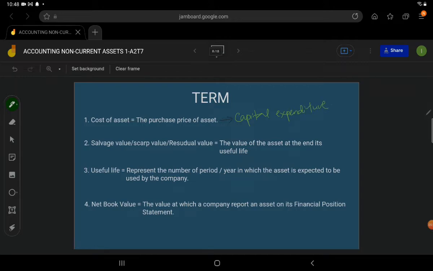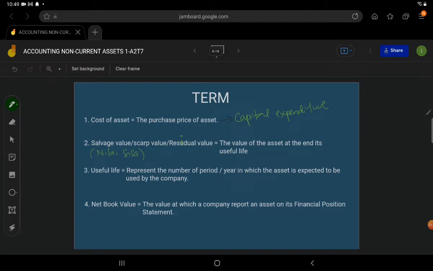Okay, right. Number 2, salvage value or scrap value or residual value. Ini residual value. Ataupun kita kata salvage value in Malay, it is nilai sisa. Apa dia? The value of the asset at the end of its useful life.